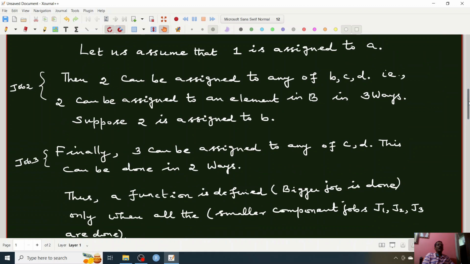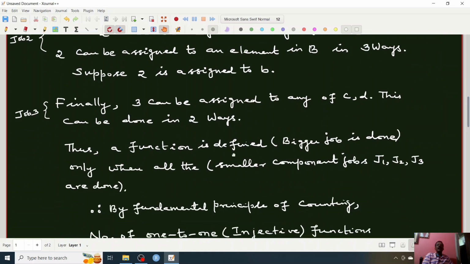A function is defined only when all the smaller component jobs are done. If all the 3 jobs are done, then we can say that the bigger job of defining a one-to-one function is accomplished.